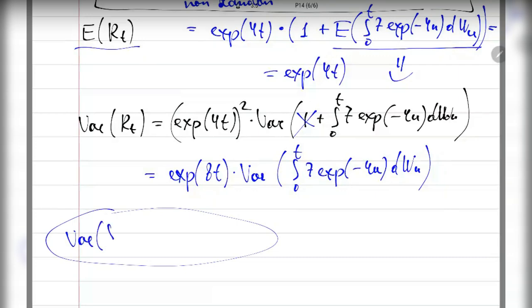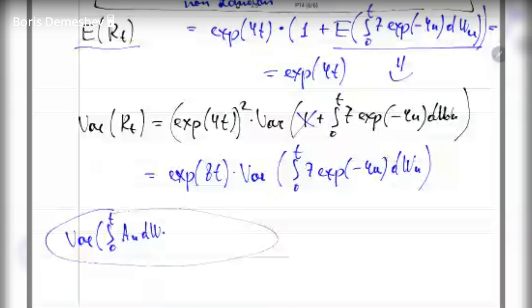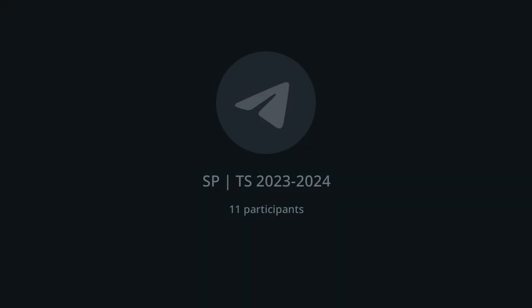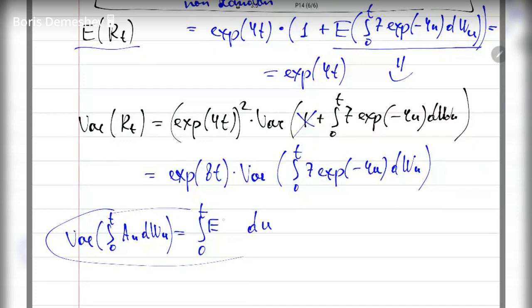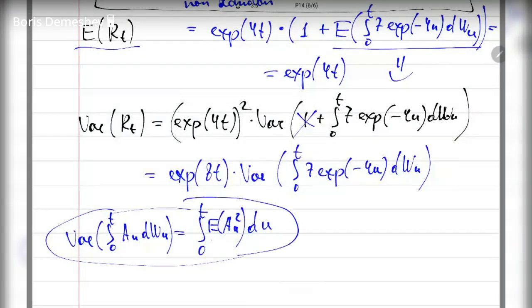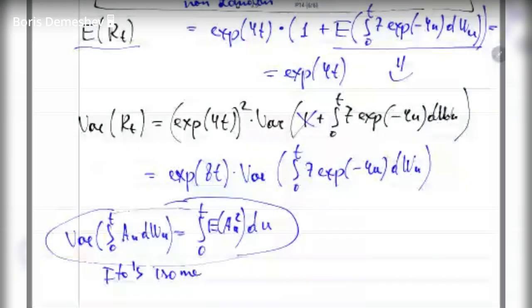The variance of integral from 0 to t a_u dWu is just the ordinary integral from 0 to t du, and here I need to take a_u squared on the expected value. So this property is called Ito's isometry. And that's enough to calculate everything.